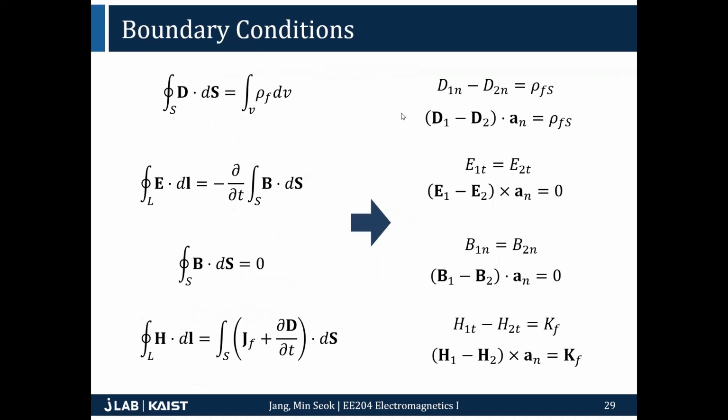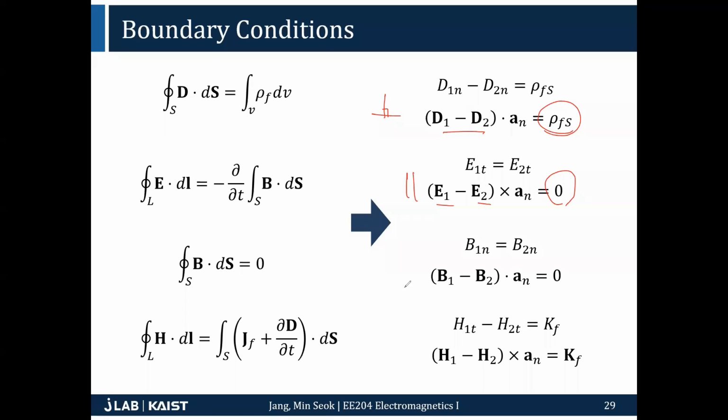But before then, boundary conditions are always important, and they are basically the same. As we learned, the surface normal component of the D field can be discontinuous by the surface free charge amount. But the surface parallel E field must be continuous.